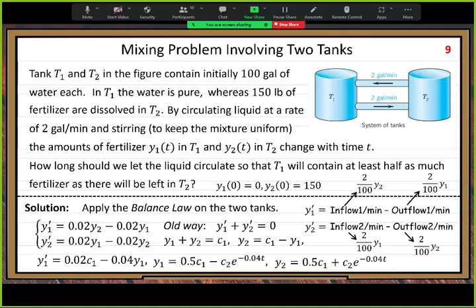Y1, Y2, then we use the initial conditions to get the C1, C2 numbers. Okay? So C1 equals 150, C2 equals 75. So we get a solution function here. I didn't complete it, so to complete it, you just write the solution function.